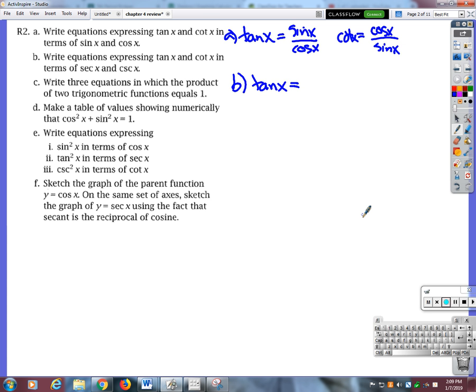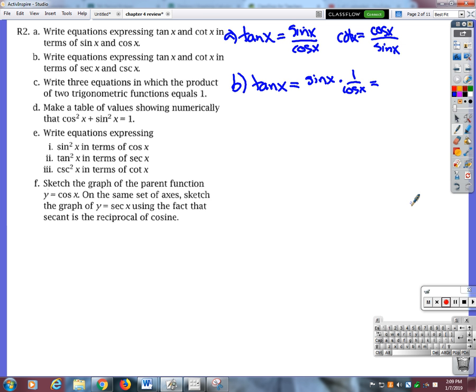Well, let's see. So we know tangent is sine over cosine, right? So I don't know if this is what they're getting at or not, but which one is sine with the cosecant and secant stuff?